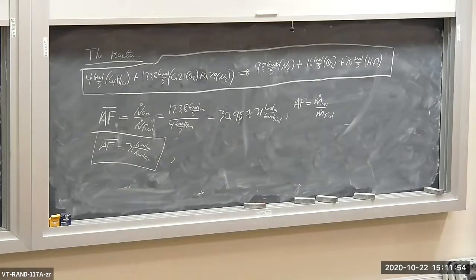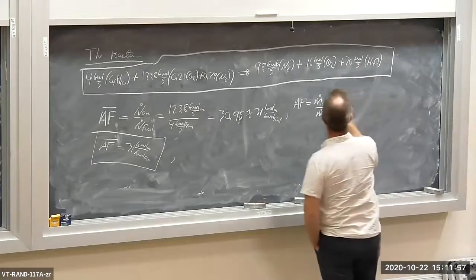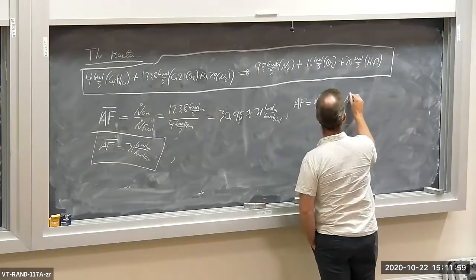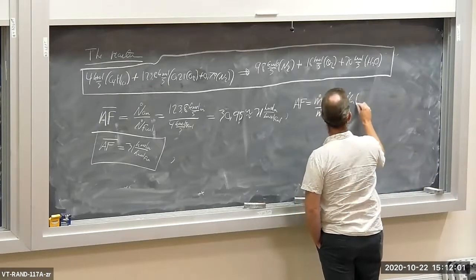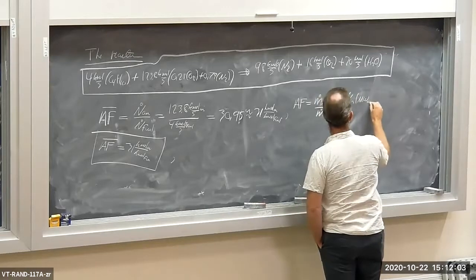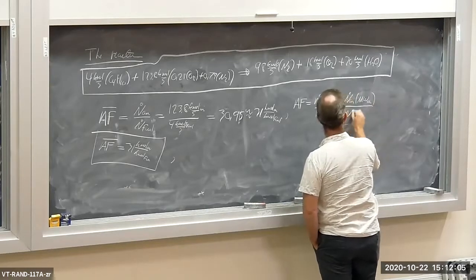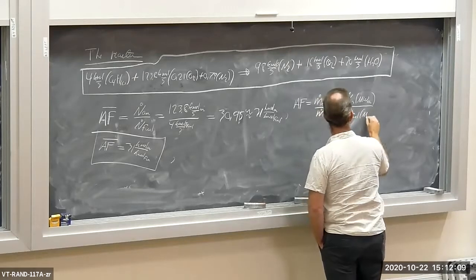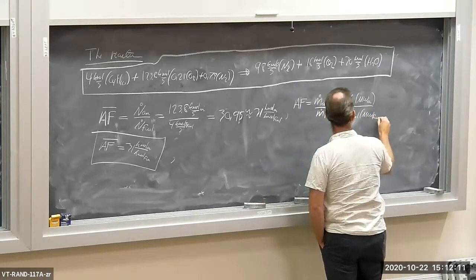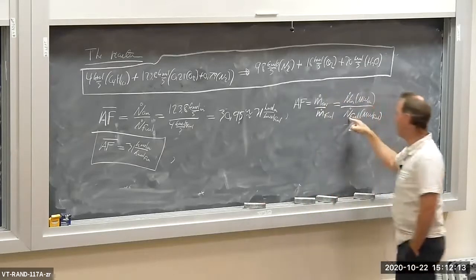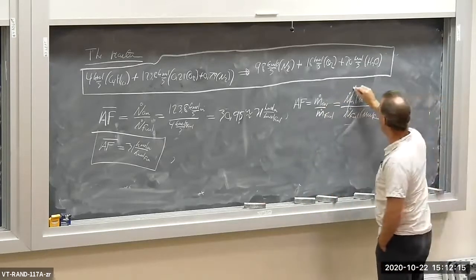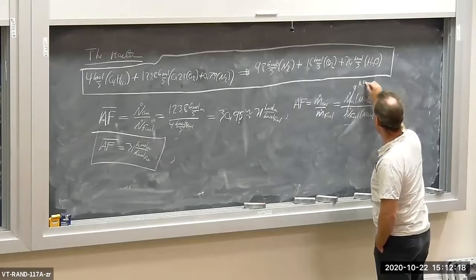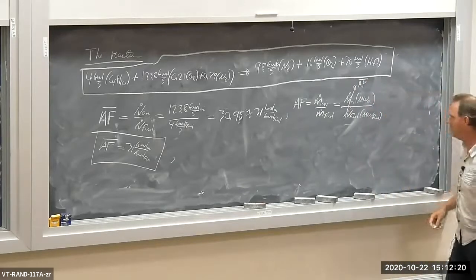Now I can get that pretty easily with the mole flow rate and the molecular weight for air and fuel. That's n dot air times the molecular weight of air over n dot fuel times the molecular weight of fuel. Notice that n dot air over n dot fuel is the air-fuel ratio on a per mole basis.